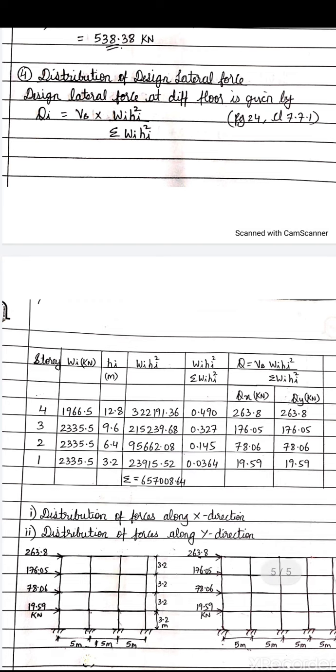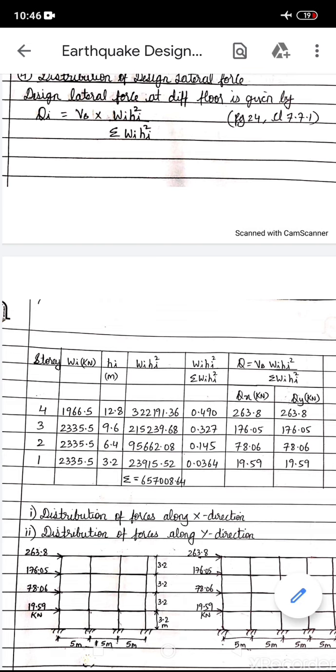So this is the table. The first column is the story: 4, that is the roof, then third, second and first. Then this is the weight of each story, that is Wi, and H is the height of each story from the base. The fourth column is Wi into Hi square, and the next is Wi into Hi square upon summation of Wi into Hi square.